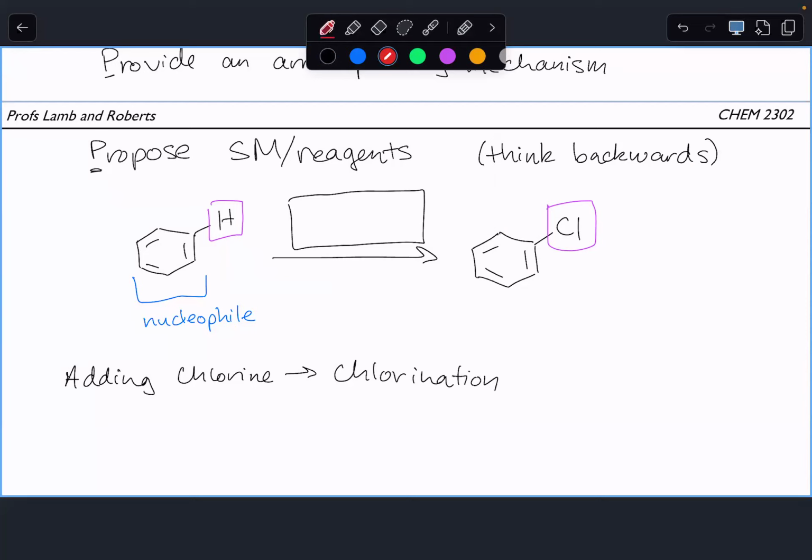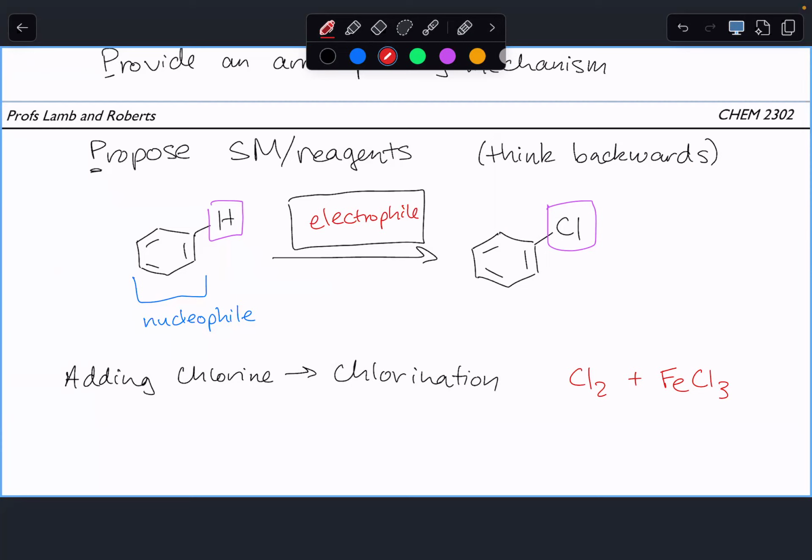And I'm thinking about we need to get the electrophile. So how do you get an electrophilic source of chlorine? You need both chlorine gas as well as that catalyst, iron chloride, which is going to help you make a stronger electrophile to be able to do that. If you only had aluminum chloride, that's the catalyst, not having any electrophilic source of chlorine.